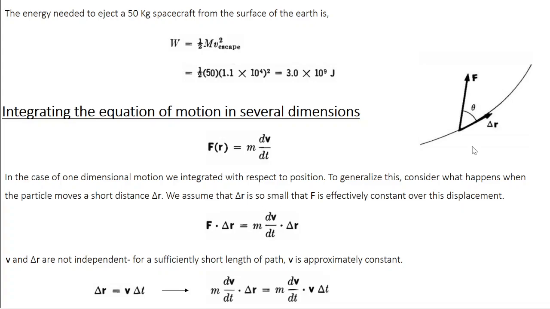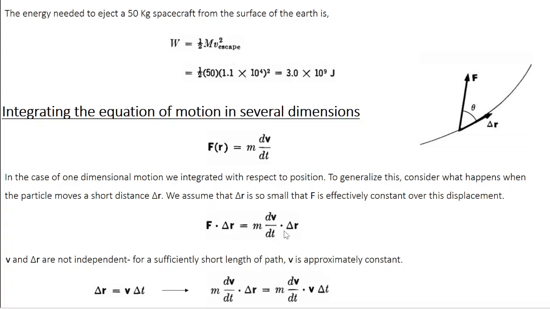Now if we assume that delta r is very small, for all practical purposes, the force F can be treated as a constant over this displacement because the displacement is very, very small. Now what you do is take the dot product of this equation with delta r, on the left hand side and right hand side. So your equation now becomes F dot delta r equal to m dv by dt dot delta r.